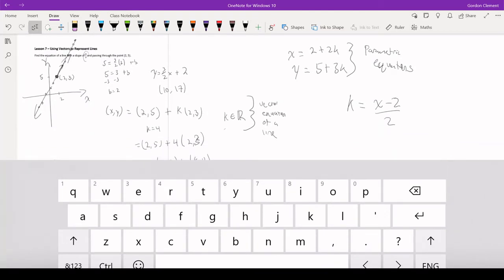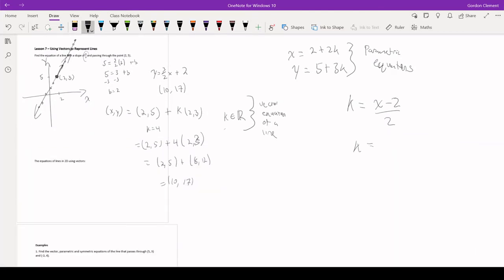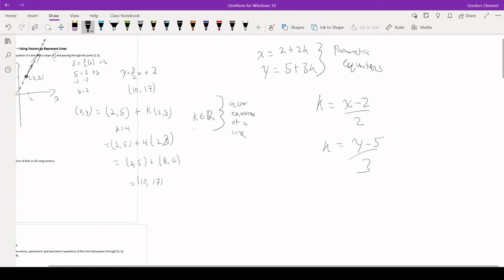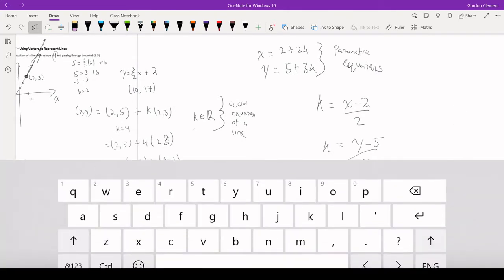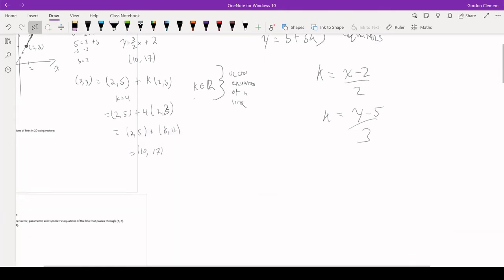And then we're going to solve for k in the y equation. So that'd be (y minus 5) divided by 3. And then since both of those things equal k, we set them equal to each other. And this is called the symmetric equation of the line.